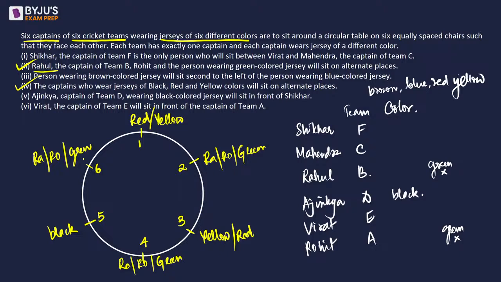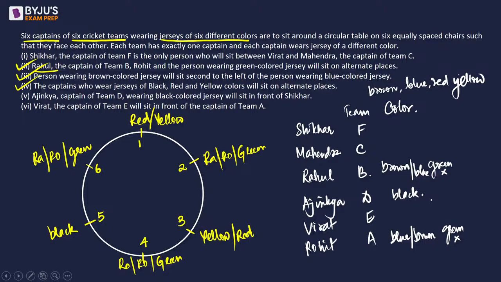So depending upon where green is, accordingly brown and blue colored jersey will be used. We don't know that, but one thing is certain, it will be among Rahul and Rohit. So either Rahul is going to be wearing brown and Rohit is going to be wearing blue, or Rohit is going to be wearing brown and Rahul is going to be wearing blue.